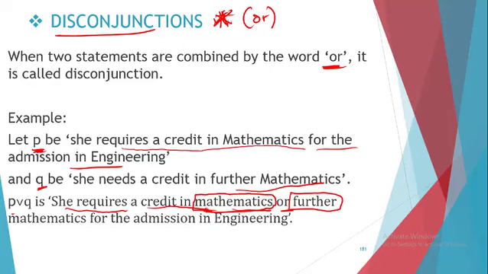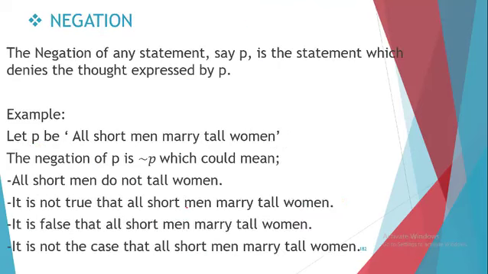So let us take the third connective, which is negation. The negation of any statement is the statement which denies the thought expressed by the original statement.